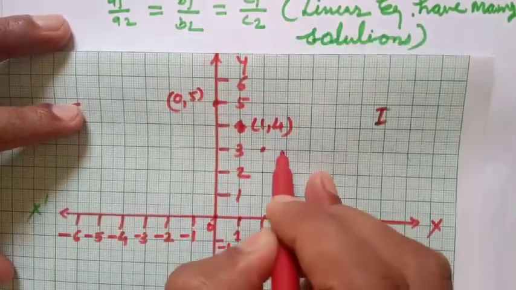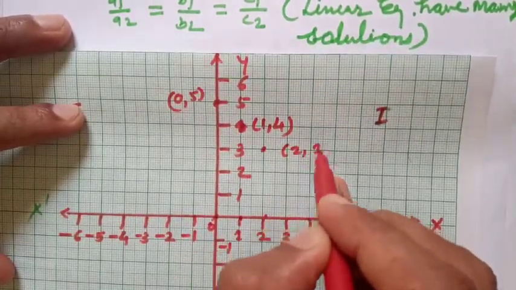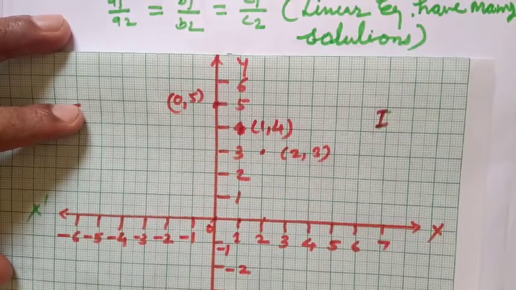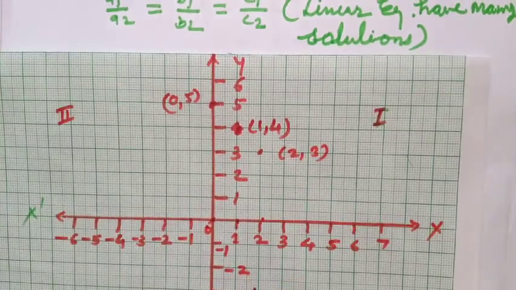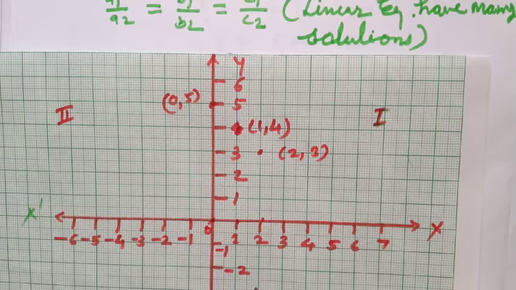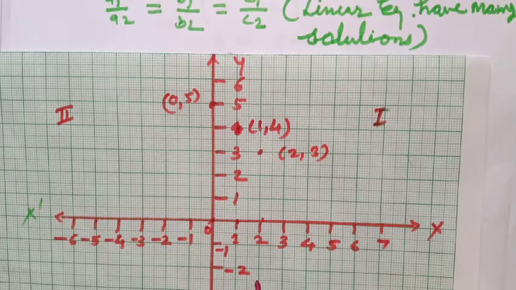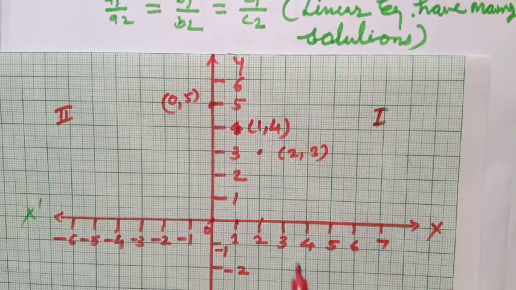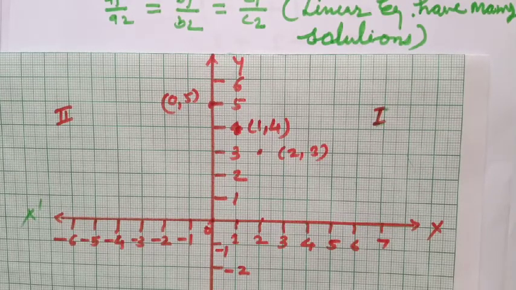This point will be (2, 3). Clear? For drawing the graphs, you should get at least 2 or 3 points, 2 or 3 coordinates for x and for y also. Then definitely you can easily draw your graphs.